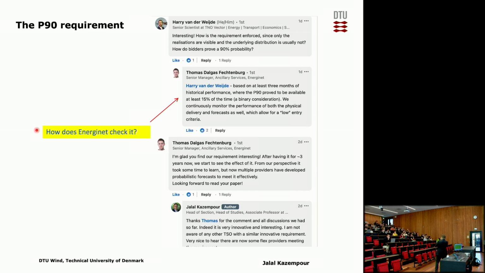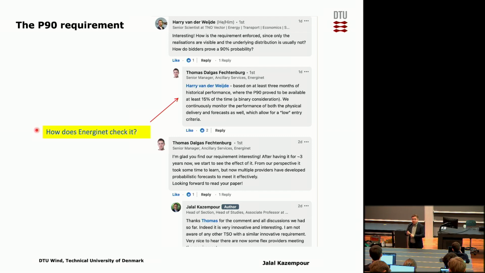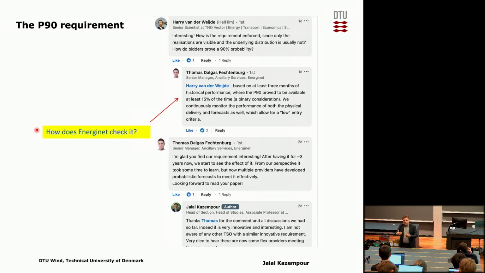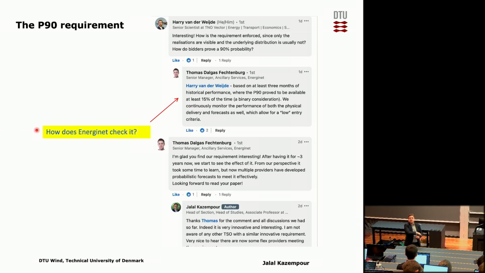Energinet has 2 evaluations. One is pre-qualification. You want to participate in that market, so there is a pre-qualification process that you should fulfill with Energinet before being able to participate in the ancillary service market. Now you are pre-qualified, and you start bidding. The second evaluation is not pre-qualification, it is ex-post assessment.